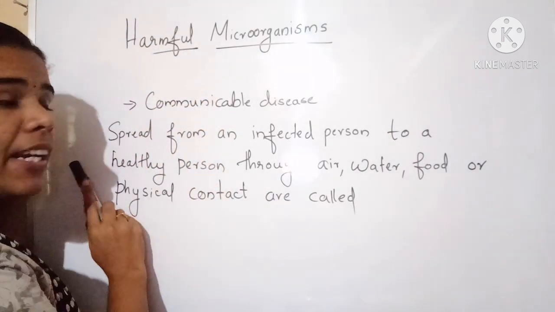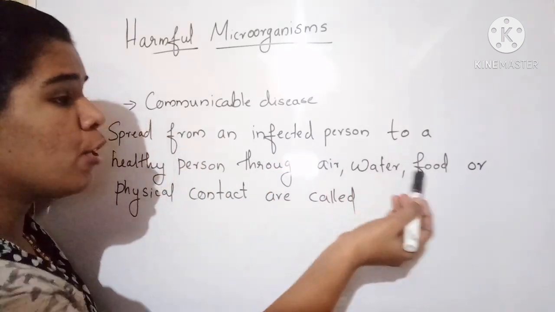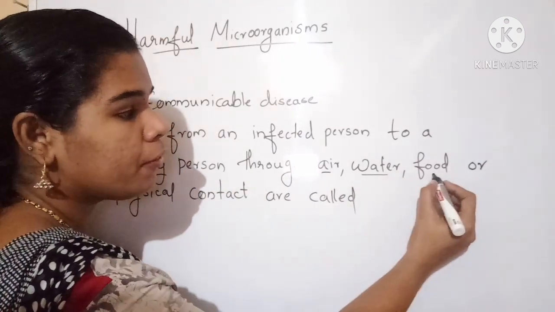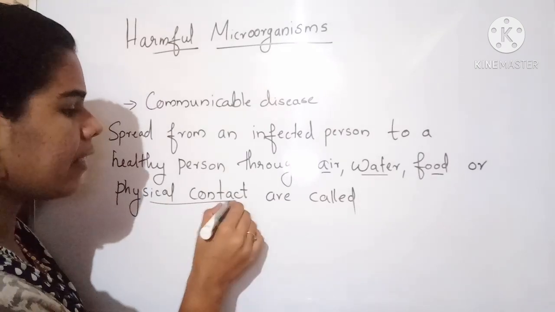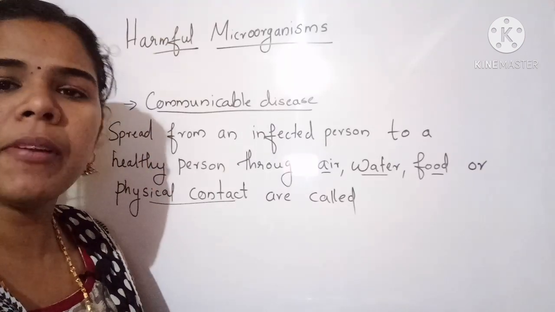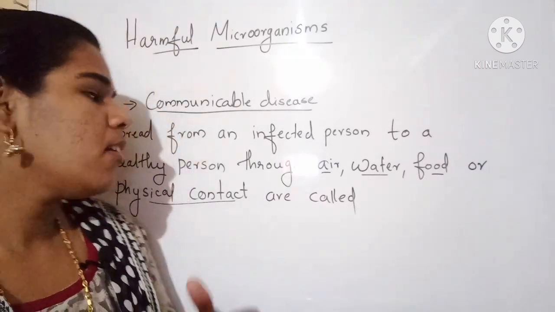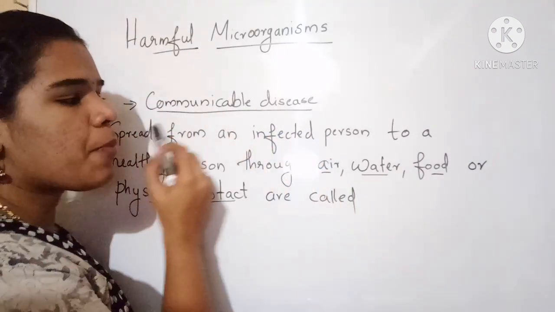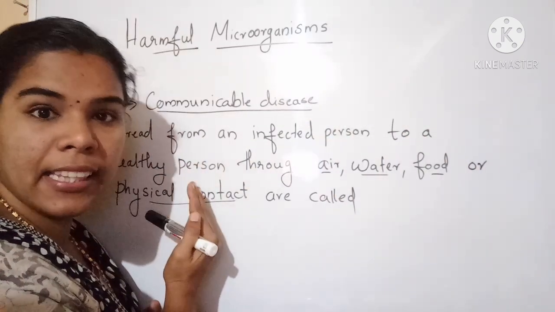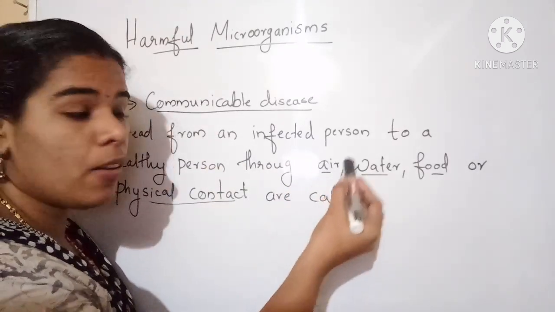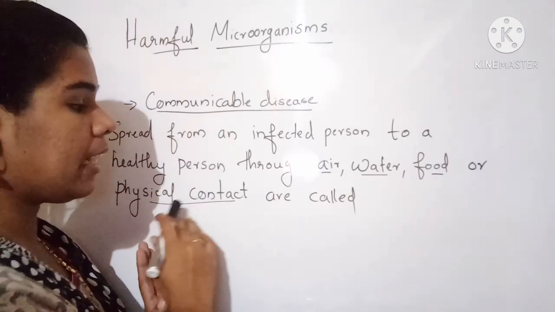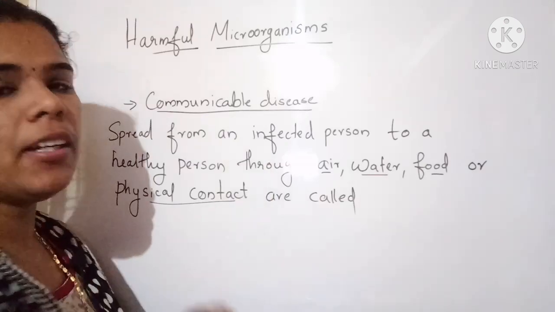The disease can spread from an infected person to a healthy person through air, water, food, or physical contact, which means through touch. These are called communicable diseases.